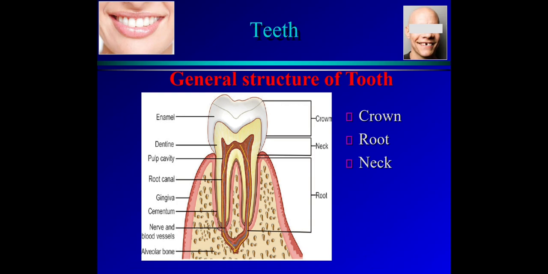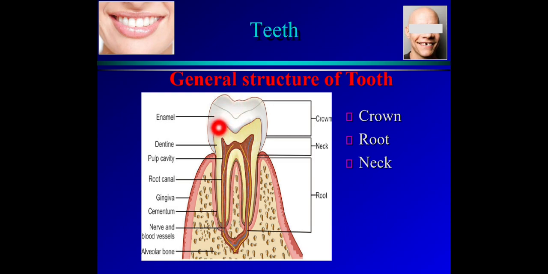So this is the general idea regarding the tooth, that it is formed by the visible portion present here. Whatever the visible part of the tooth, it is called the crown. Then the part of the tooth which is embedded within this alveolar process, lined by the mucous membrane forming the gum, this portion is called the root of the tooth.